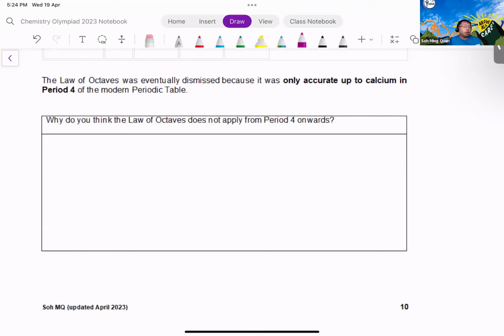All right. So it was only accurate until calcium because, of course, the problem is after calcium come the transition metals. So it doesn't apply from period 4 onwards, because transition metals are found after calcium. Because of the addition of the transition metals as one block of elements, you no longer can say that every eighth element is the same as the first.